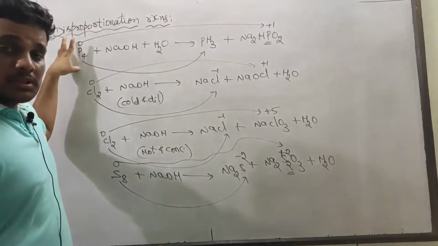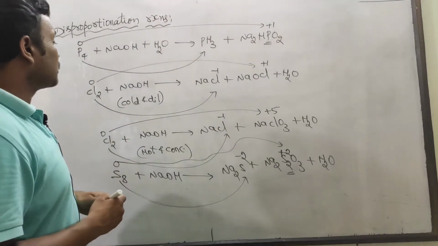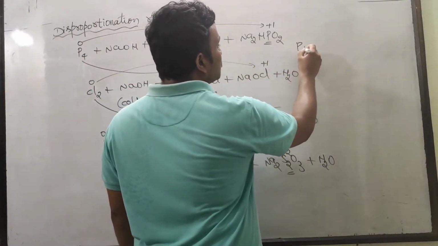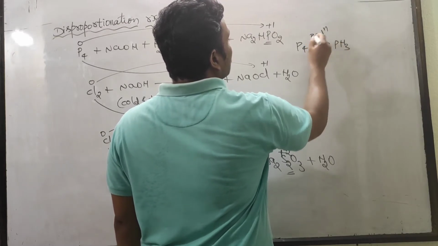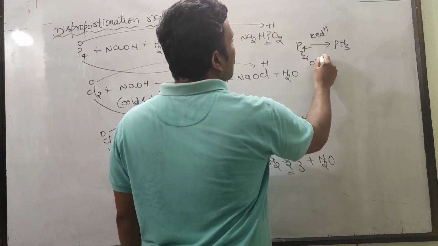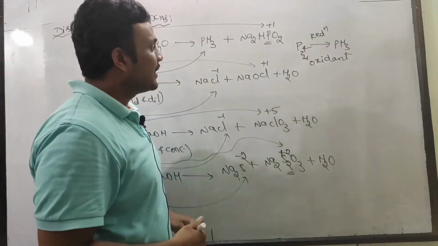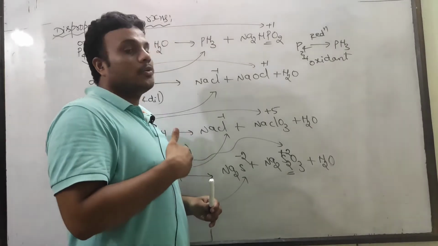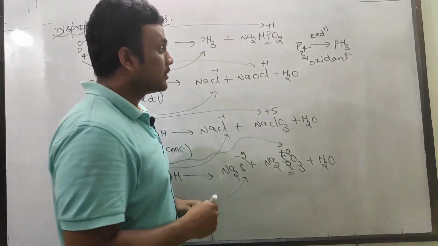P4 is the oxidizing agent as well as the reducing agent. But how to understand this? When phosphorus is converted into PH3, what do you call this? Reduction. So now it acts as the oxidizing agent.